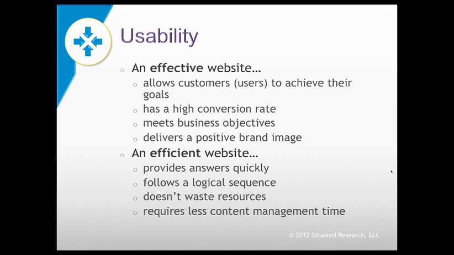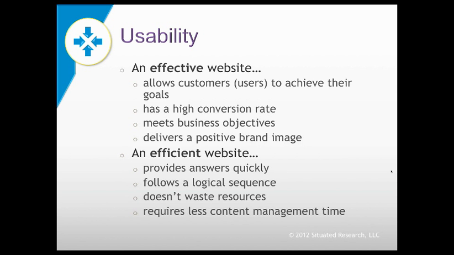An effective product allows customers to achieve their goals. If it's a website, it has them get a higher conversion rate. It meets your business objectives. And it also delivers a positive brand image. Doesn't matter. Website, software, product, video game, doesn't matter.